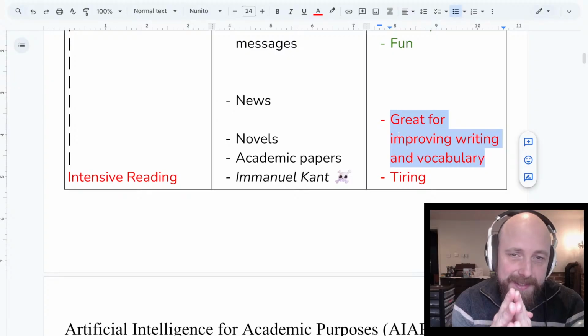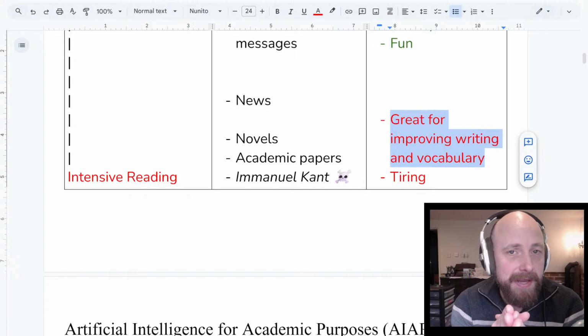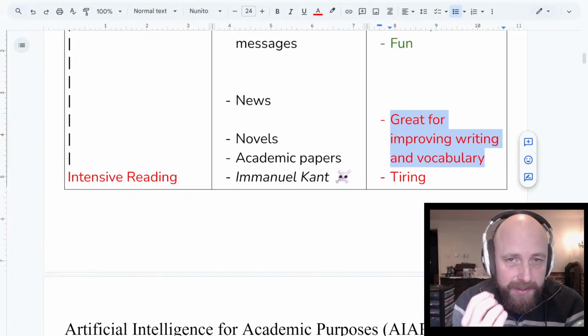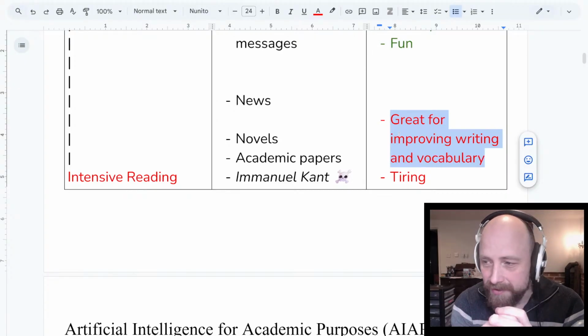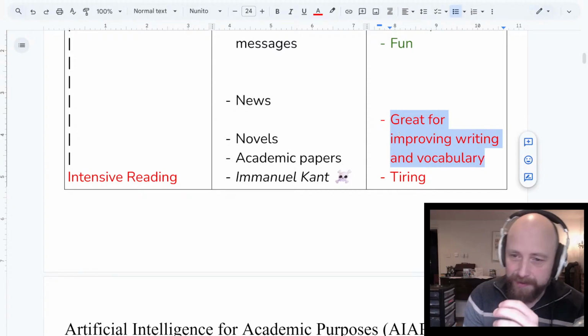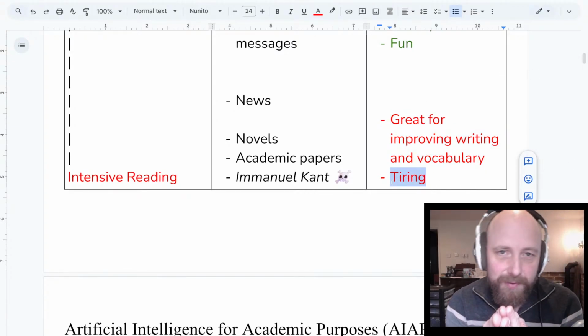A great place to mine new vocabulary is intensive reading. So that could be one of the benefits that you get out of today's class. As we look at this academic article, you can pick up some new, excellent, fancy words to use in your vocabulary.